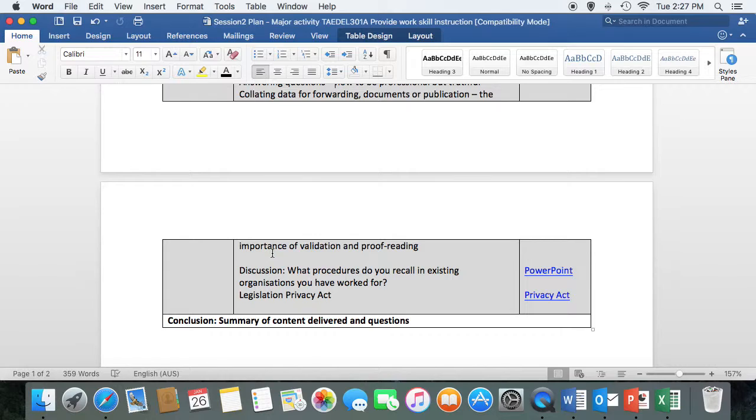The best way to ensure that data is legit before you forward it on is have someone look over it. Now, depending on the sensitivity of that data, will depend on the person that you'd ask.